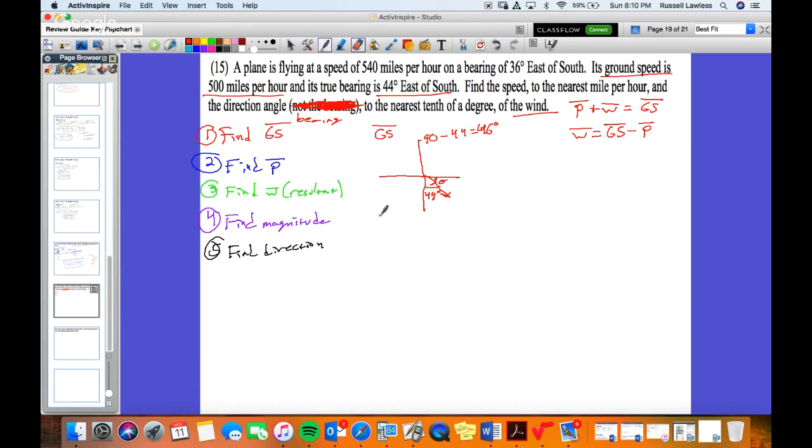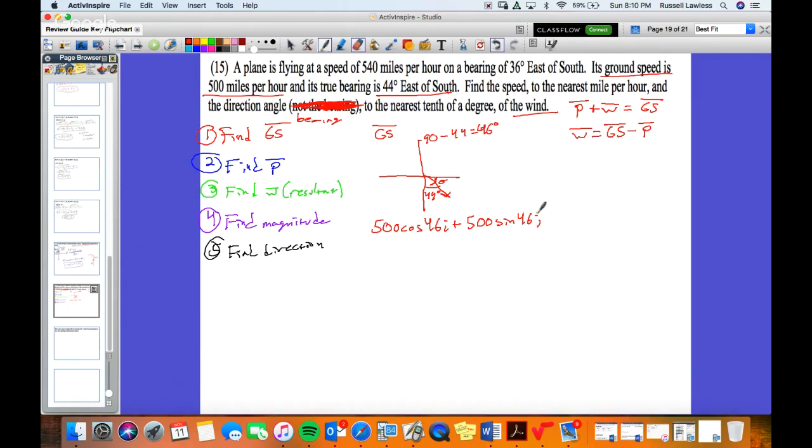So our ground speed vector is going to be 500 times the cosine of 46 degrees i plus 500 times the sine of 46 j.